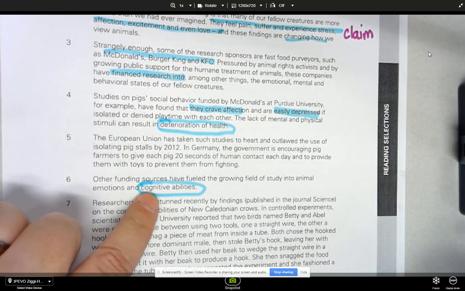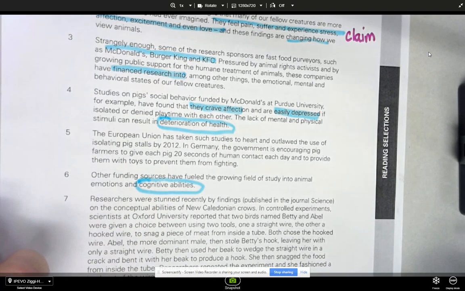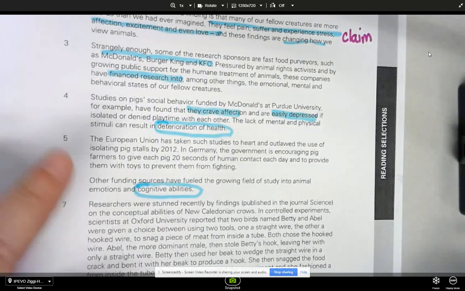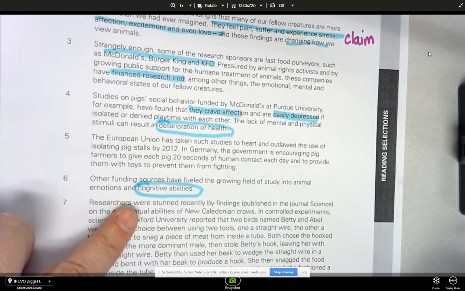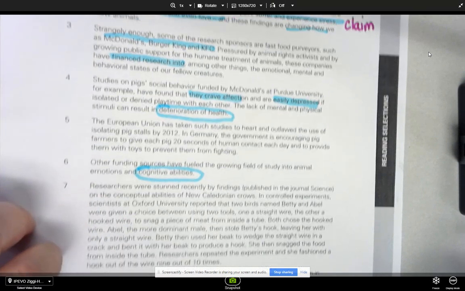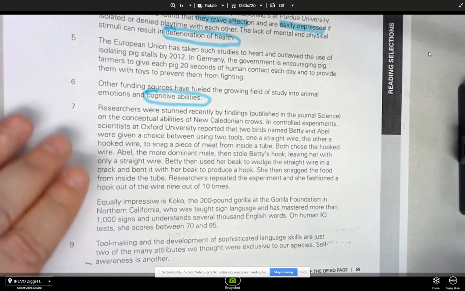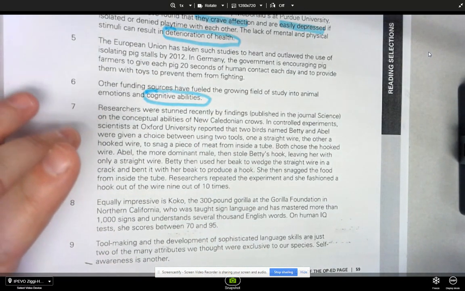Cognitive has to do with thinking because of the root cog. Cognition is how you think about something. So they're finding that animals can think. As you go on to read, you'll notice that is indeed what's going on.